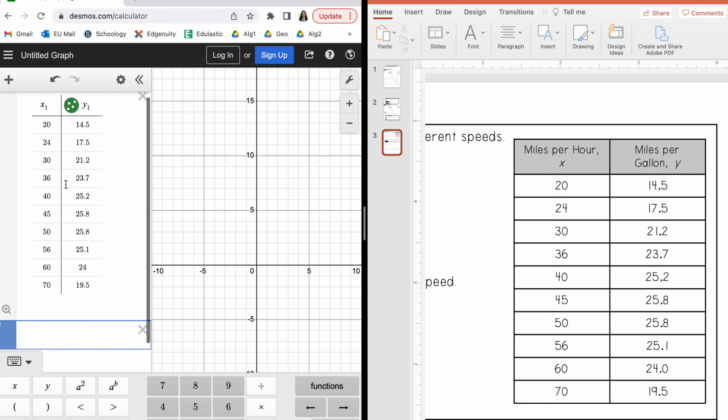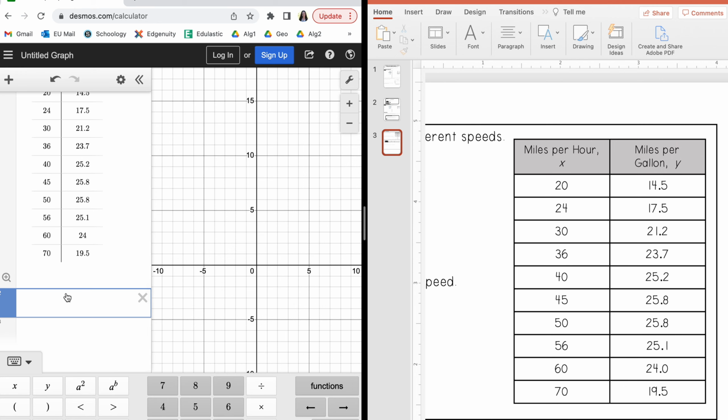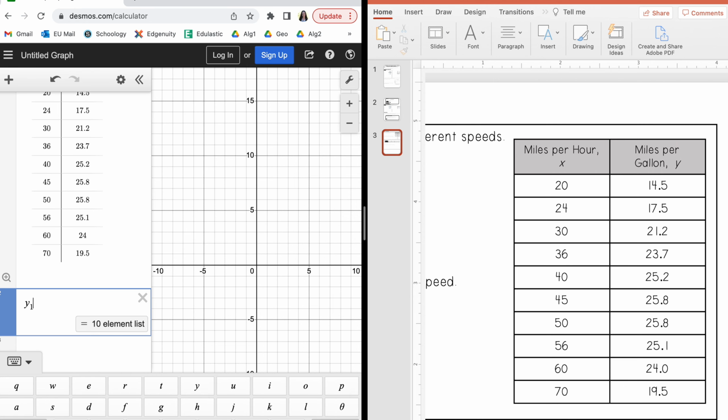Okay, so I typed in my table here, and now to get the equation of this quadratic, I'm going to type in y subscript 1. You can do y and hit the underscore key, so if you do shift dash, which is to the left of your plus button, that will give you the underscore. Or you can also use the keyboard here.